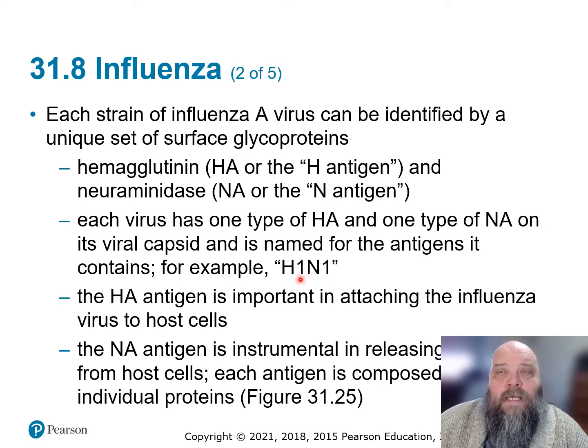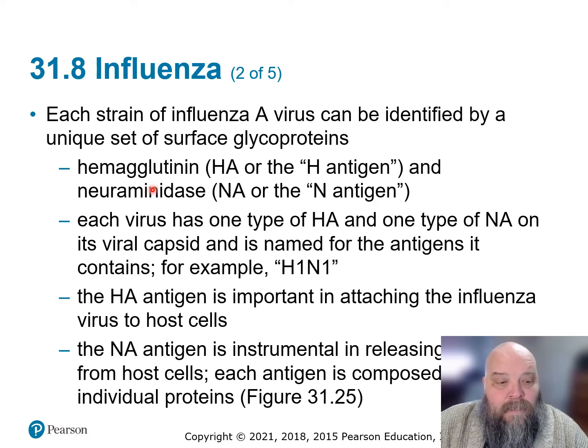Now, we classify the different influenzas, specifically influenza type A's. We go through and we classify them by what proteins are on the surface. You have 2 proteins on the surface, hemagglutinin and neuraminidase, H and N, or HA and NA, depending upon which textbooks, which primary literature you're reading.